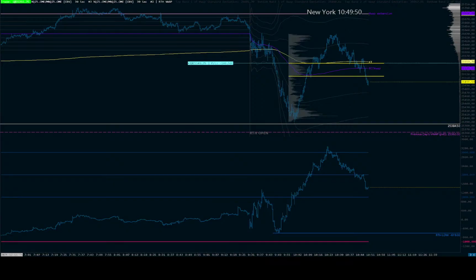I want to see it be pushed one direction really, really hard and then fail to go that way. That failure to continue in one direction and to reverse, that's a key thing for me. And when that happens at the edge of a value area, like Travis posted in the screenshot there, that's an indication to buy or to sell.